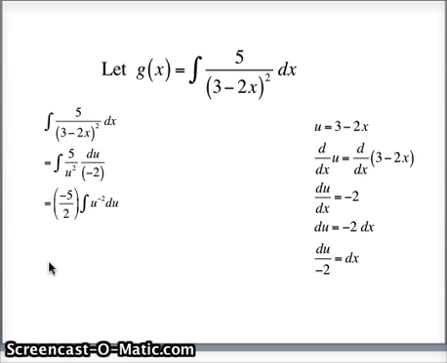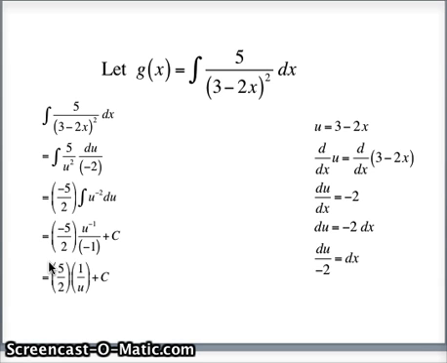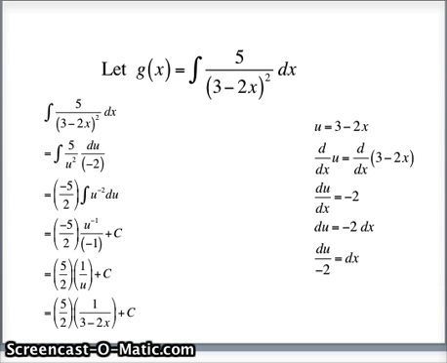Using the power rule, integral of u to the negative 2 is u to the negative 1 over negative 1. So negative 5 halves times negative 1 will be positive 5 halves. U to the negative 1 is 1 over u plus c. So what do we get? We get 5 halves times 1 over u, or 5 halves times 1 over 3 minus 2x plus c.